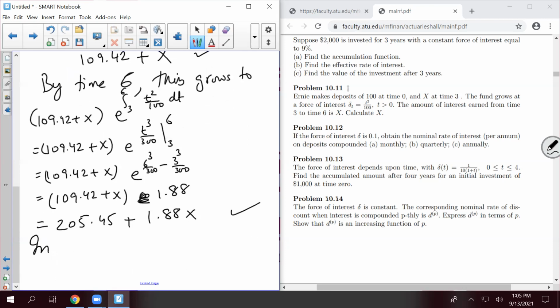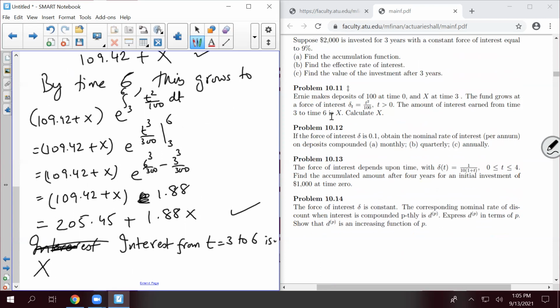So interest from t equal to 3 to 6 is, and now they tell us that that interest is x. They say the amount of interest earned from time 3 to 6 is x.